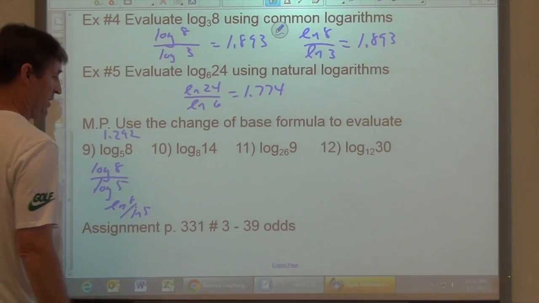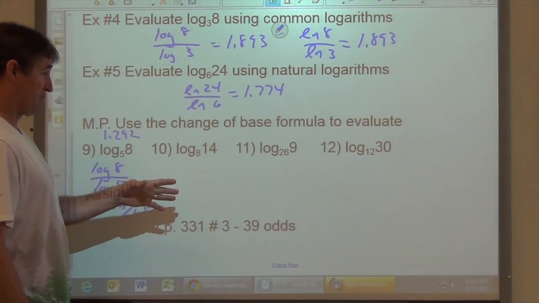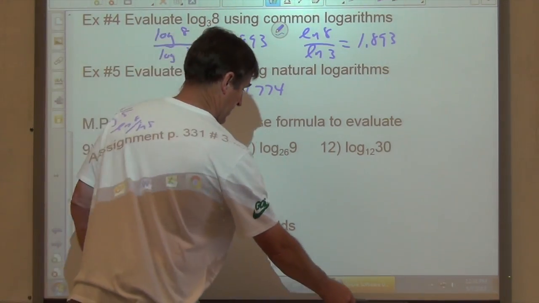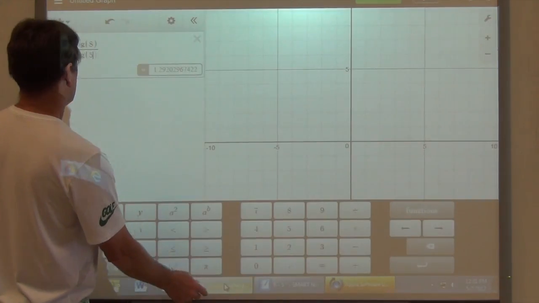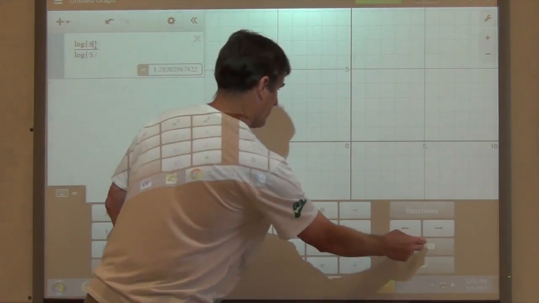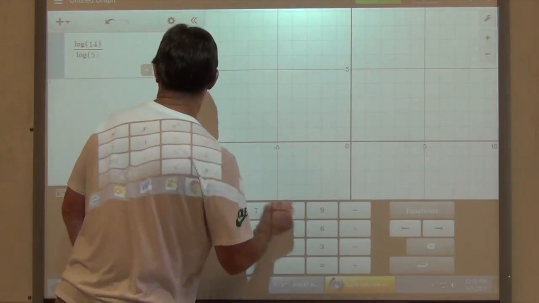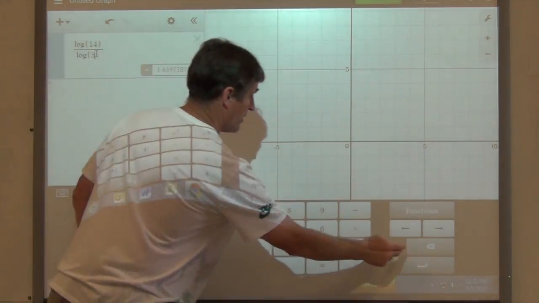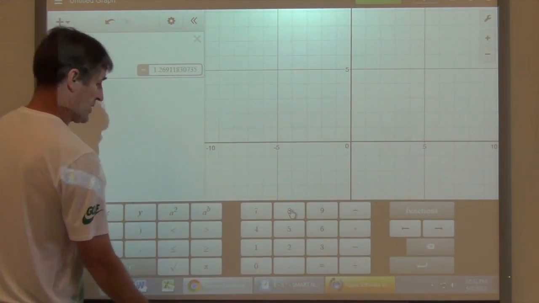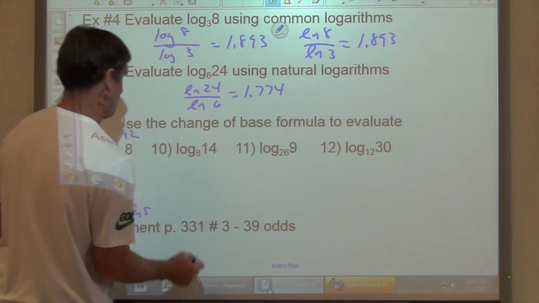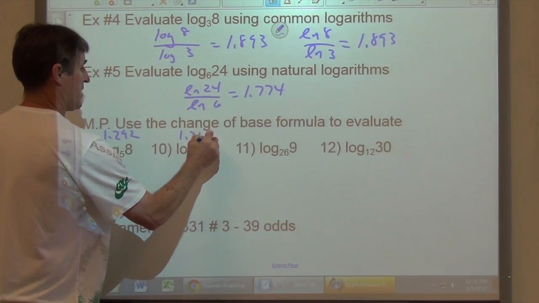So the next one, I'll just do it in natural logarithms. It doesn't make any difference. So ln 14 divided by ln 8. We can just change it real quick here. And we get 1.269. So you should have gotten 1.269.